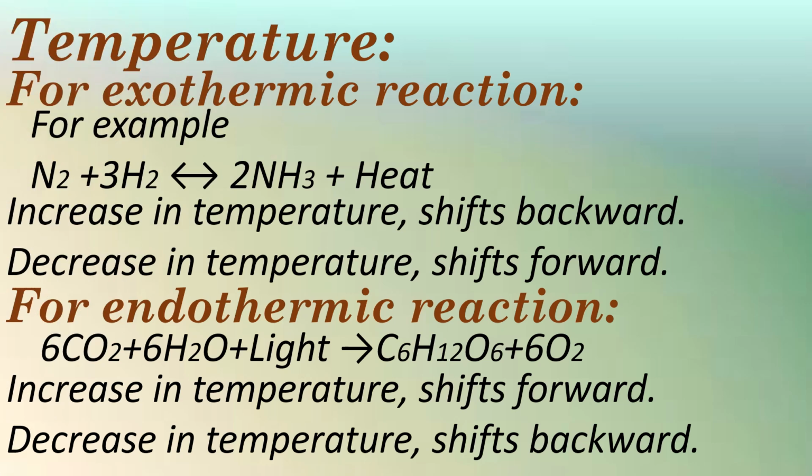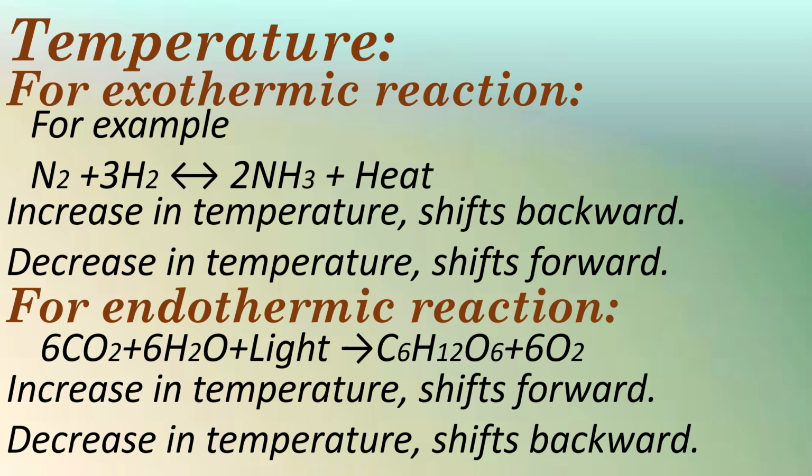Now, temperature. What is the effect of temperature on equilibrium position? There are two types of reaction, exothermic reaction and endothermic reaction. Exothermic reaction occurs by a release of heat. Endothermic reaction occurs by absorption of heat. Now, in exothermic reaction, for example, nitrogen plus 3 hydrogen produces 2 moles of ammonia plus heat.